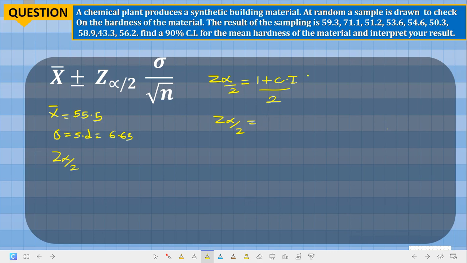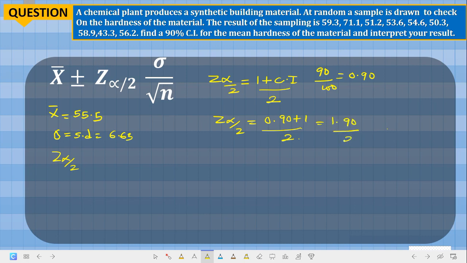The confidence interval should be expressed as a fraction, or in decimal. 90% in decimal is 90 over 100, and this gives us 0.90. So this will be 1 plus 0.90 divided by 2, which should be what?